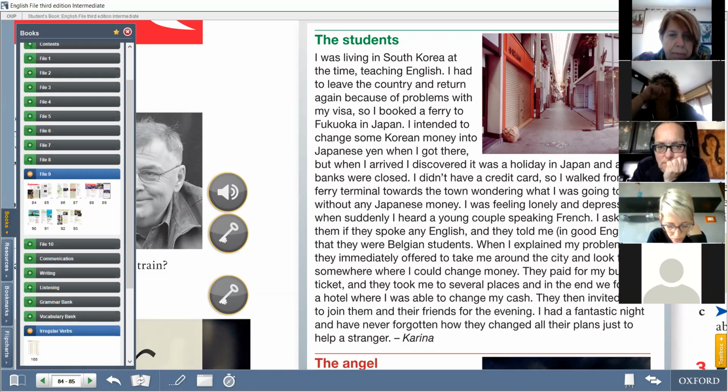I intended to change some Korean money into Japanese yen when I got there. But when I arrived, I discovered it was a holiday in Japan, and all the banks were closed.